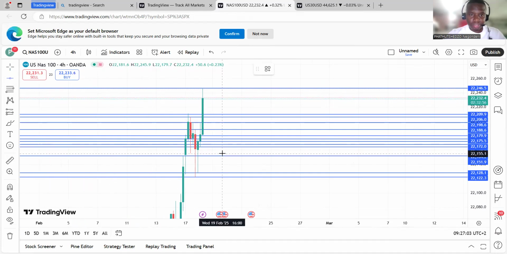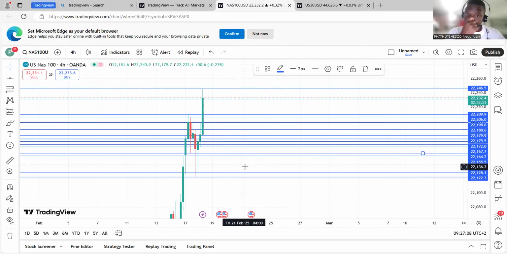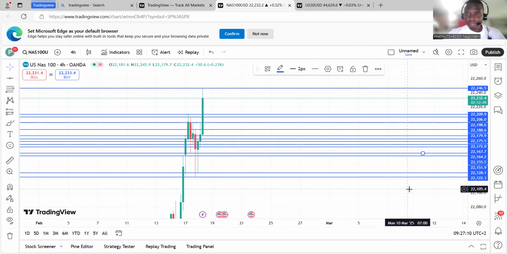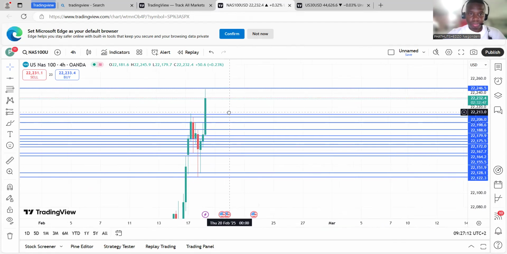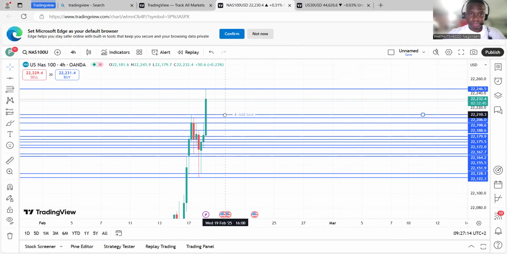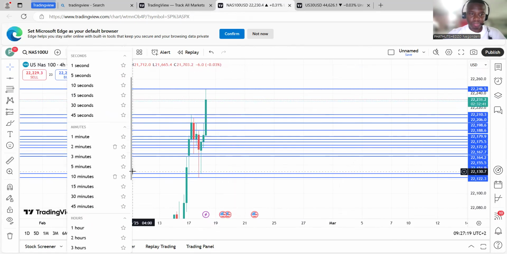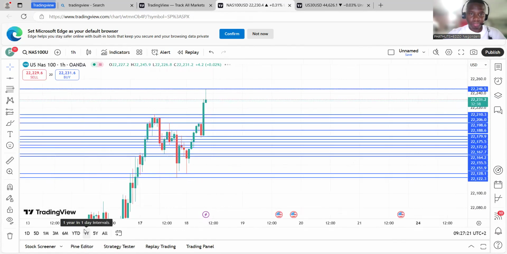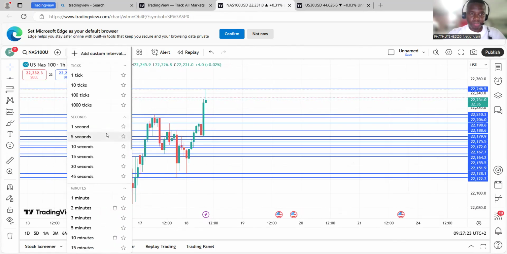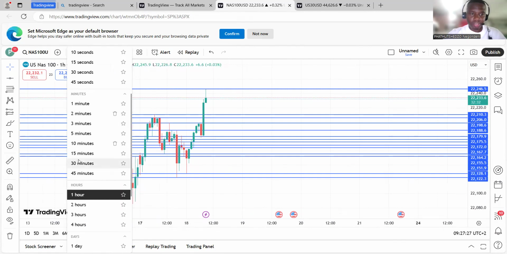You guys know I use my 30 minutes as my entry time frame. So now I'm going to check if I can use 15 minutes, because the market conditions have changed.